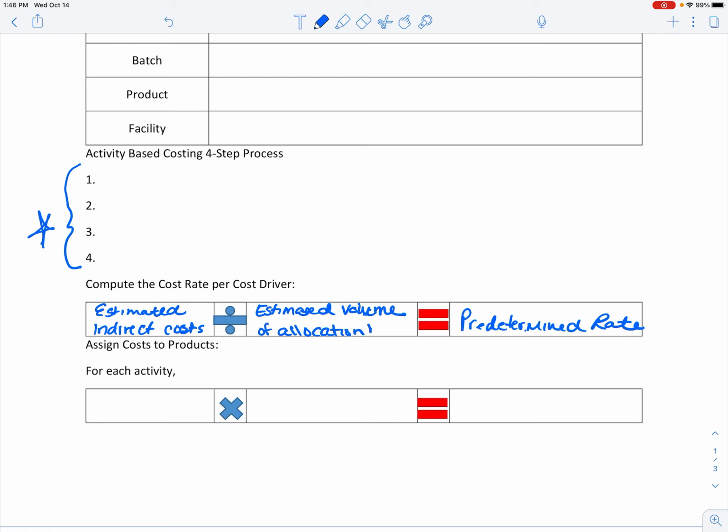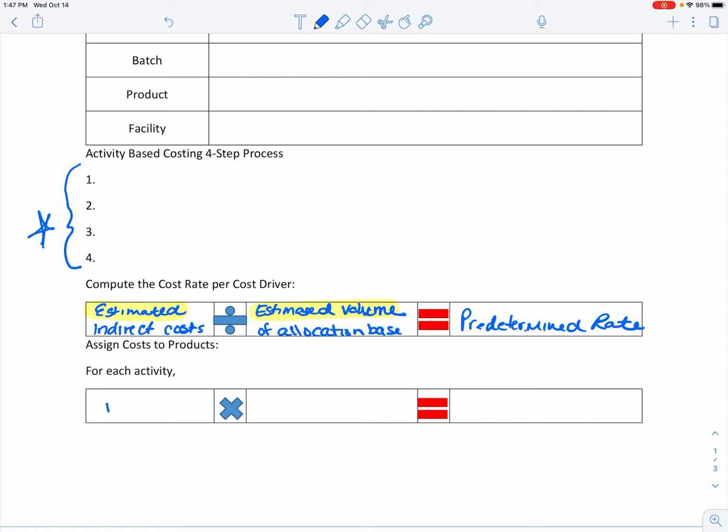Now remember, these are all going to be split into cost drivers. They're going to do that for you. You don't need to be concerned about that. What you do need to remember is to pull out the estimated numbers. Typically, these problems are giving you so much information. It's good to break them down, find what you need, and then you'll have no problem solving it.